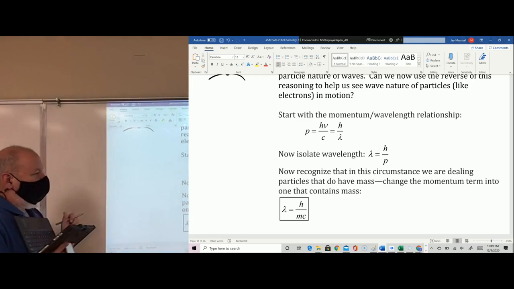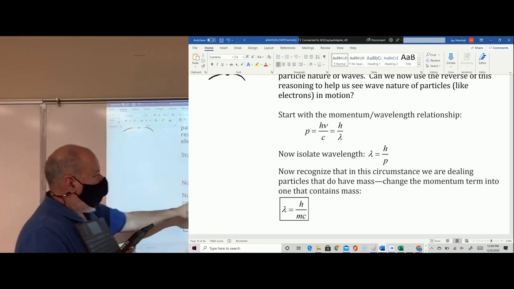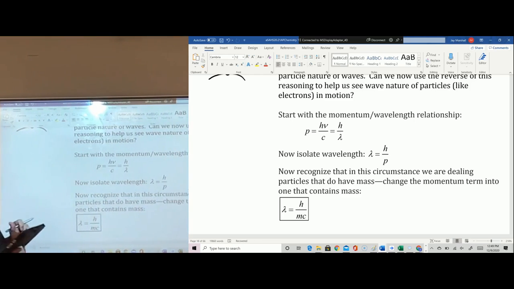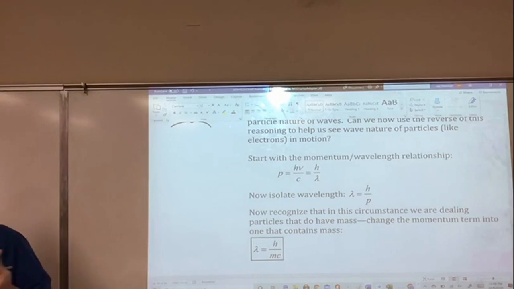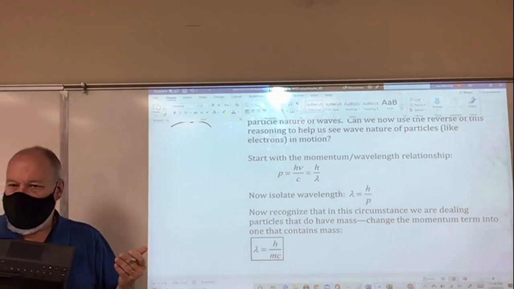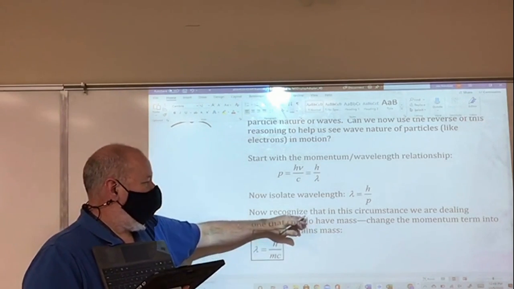Planck's constant divided by momentum, and we recognize that in this circumstance we're dealing with particles that do have mass. If I have an electron, electrons have mass, right? So I have a particle that has mass.